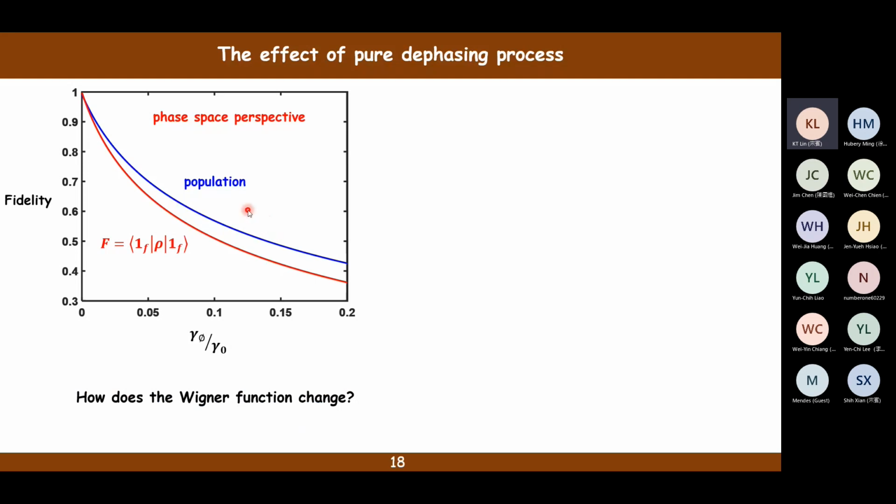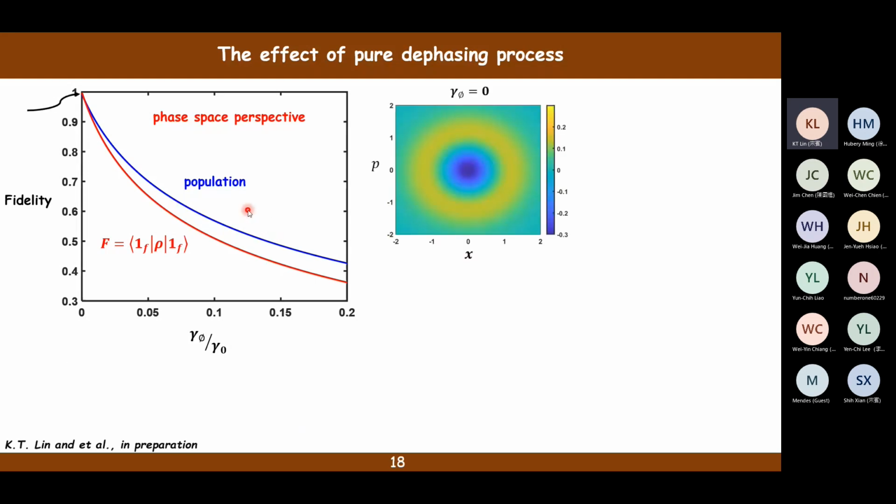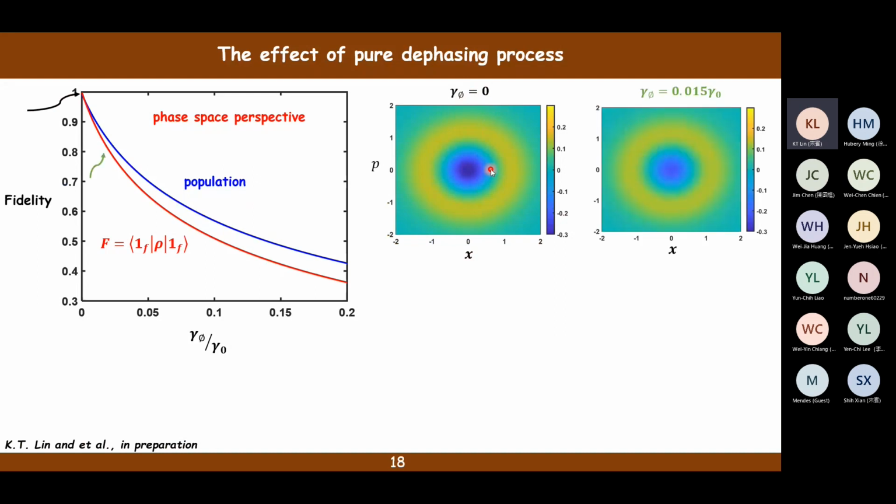So we calculate some cases. For example, the ideal case is what I just showed in the last slide. If the pure dephasing process is neglected, we can get the single photon Wigner function. Now we are trying to use our experimental parameters to compute the corresponding Wigner function, as you can see here.